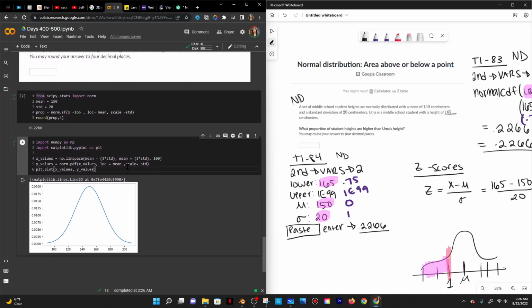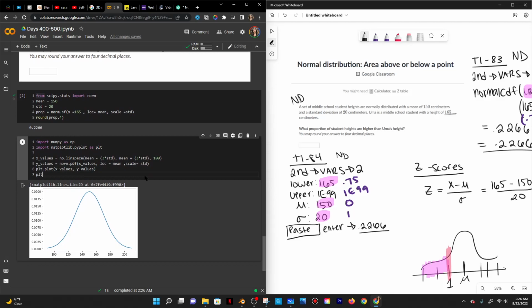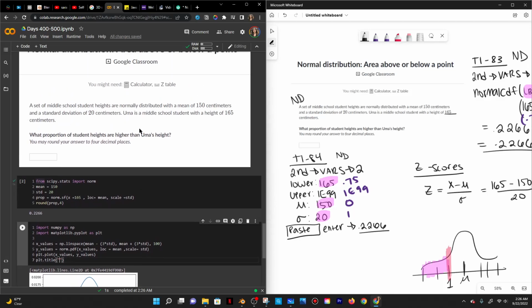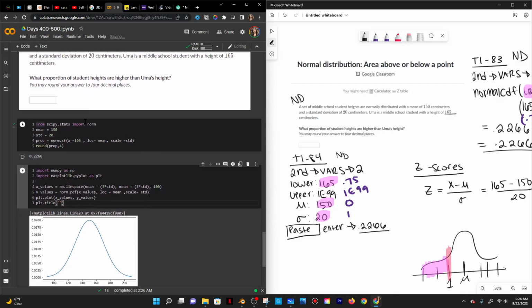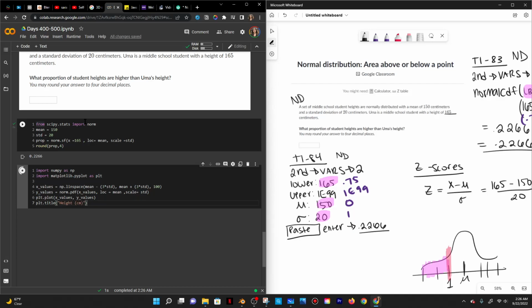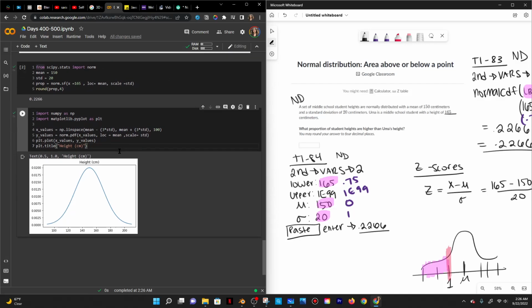Now, just to make it make sense, I can add a plt.title and put it in context. In this case, this is middle school students' heights. So I'm just going to say heights in centimeters, so that's what it represents. No, that's actually the x label. Whoops.